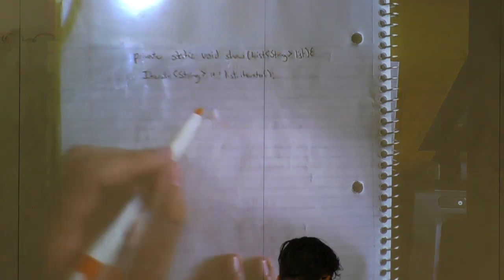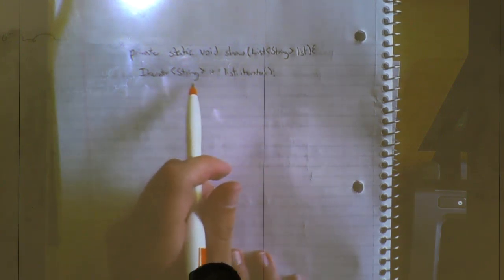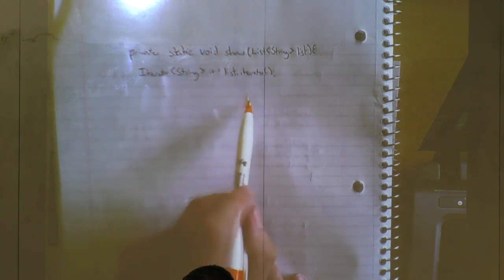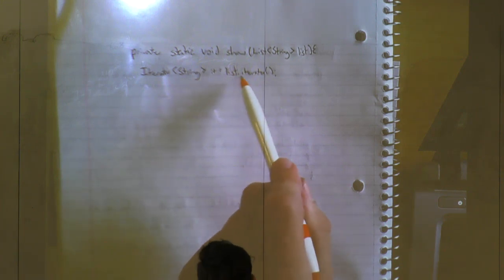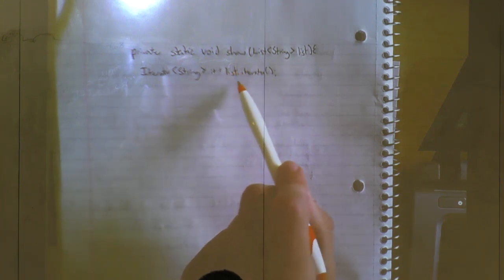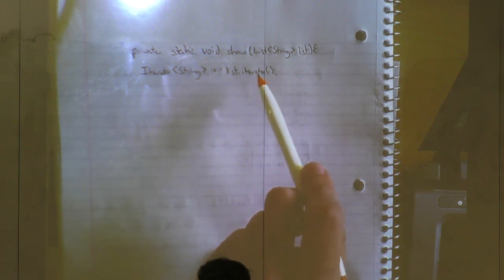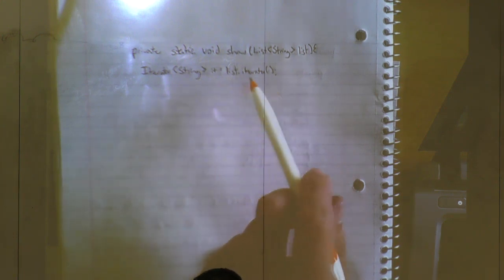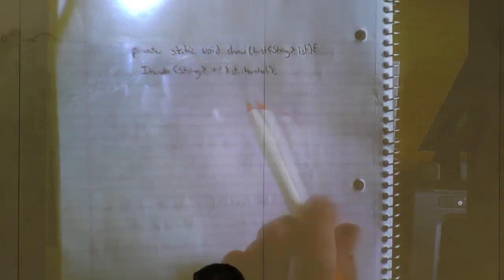Right, so the first thing to notice here is we're instantiating an iterator of type string called it, and its constructor exists within the list class. So we have list imported, but we're actually calling list.iterator to create the iterator. Normally you see a constructor, and the constructor is just the name of the class.